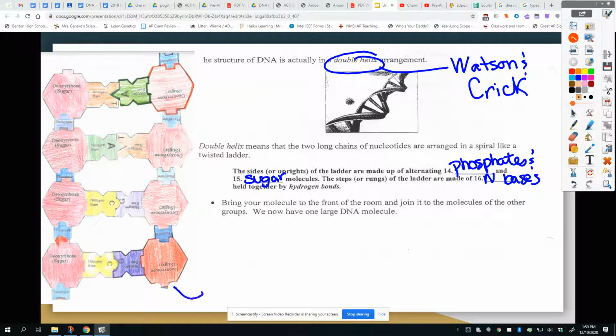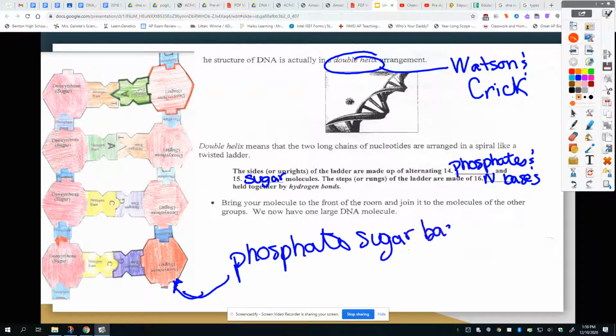So this right here, the sides where the phosphate and sugar is, is called a phosphate sugar backbone. I don't know, my handwriting is horrible, I'm sorry. That's called the phosphate sugar backbone. And we see that in all nucleic acids, whether it's DNA or RNA.